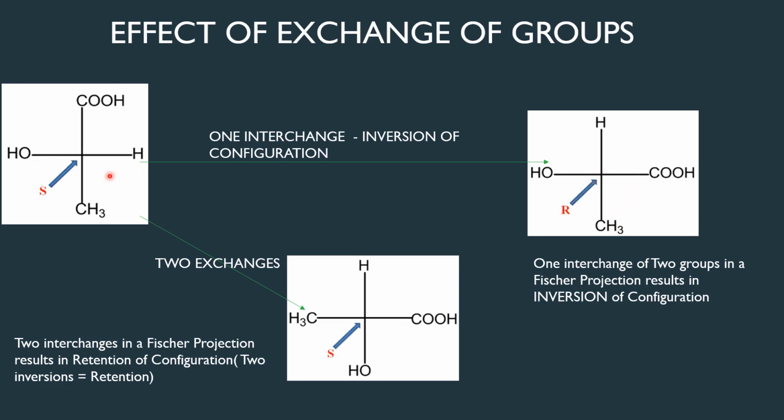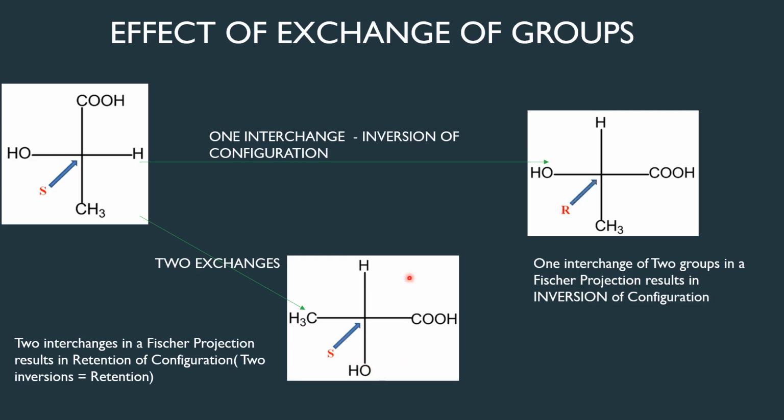Now, if you do two interchanges, you just interchange these two groups, okay? Hydrogen and carboxyl we have interchanged, and these two groups also we are interchanging. Likewise, you can do two sets of interchanges with any groups. So we have done another interchange here. So after two interchanges, you assign the priority numbers: OH 1, carboxyl 2, methyl 3.